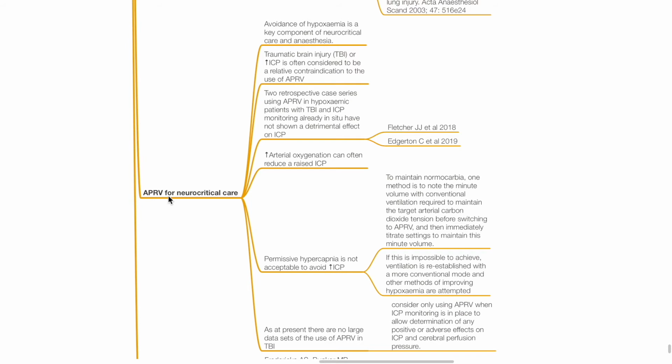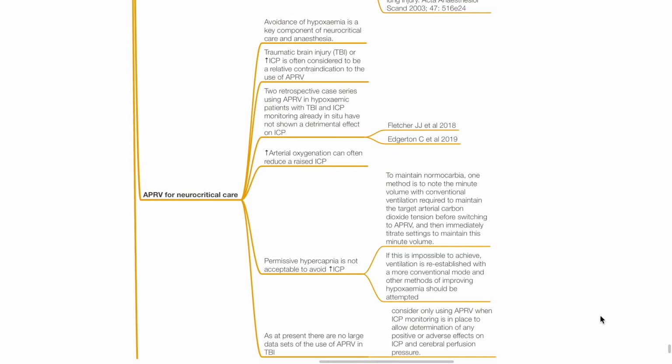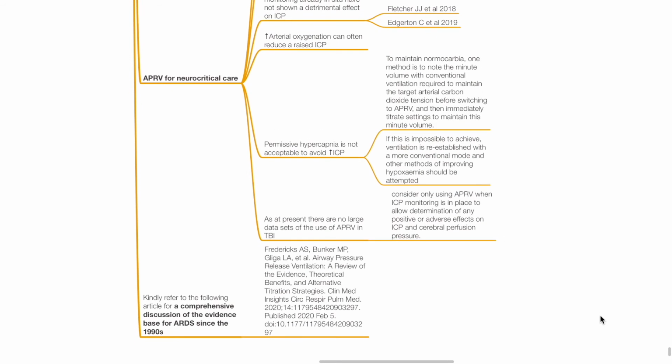If this is impossible to achieve, ventilation is re-established with a more conventional mode, and other methods of improving hypoxemia should be attempted. As at present there are no large data sets of the use of APRV in traumatic brain injury, consider only using APRV when ICP monitoring is in place to allow determination of any positive or adverse effects on ICP and cerebral perfusion pressure.